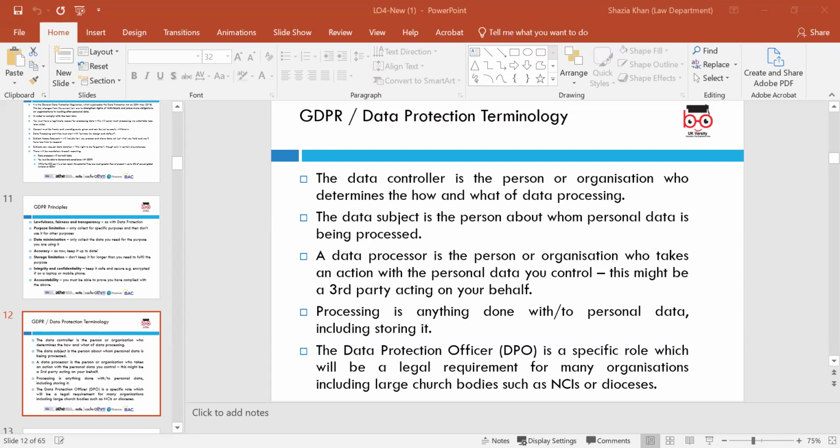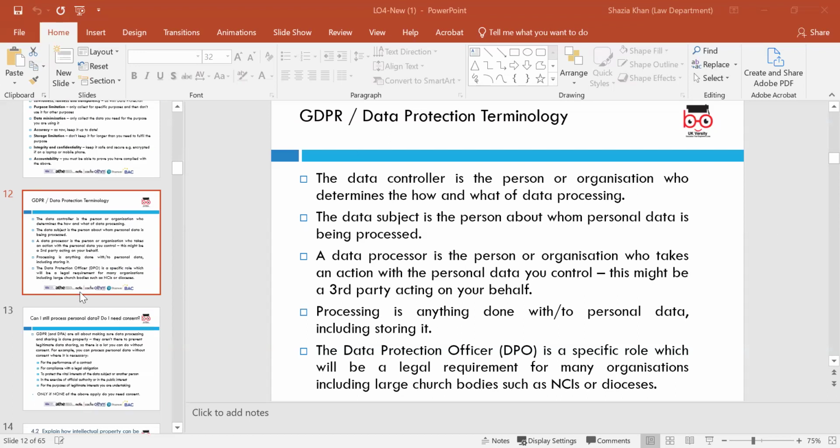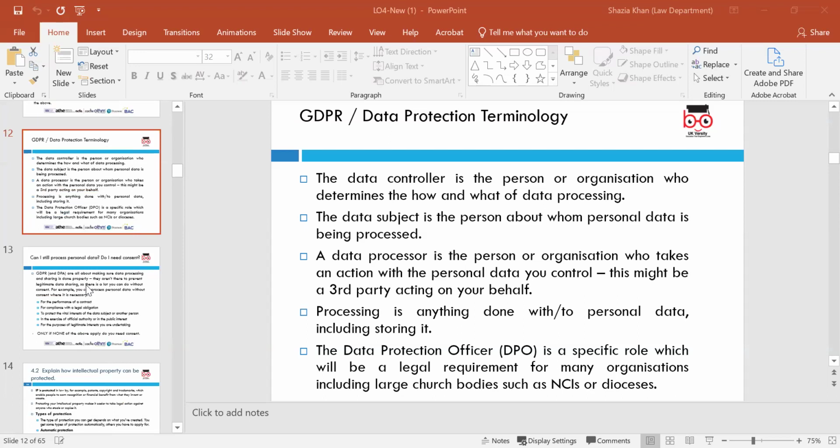The data processor is the person or organization who takes an action with the personal data you control. This might be a third party acting on your behalf. Processing is anything done to personal data, including storing it. The data protection officer's role is a legal requirement for many organizations, including large church bodies such as dioceses. So there are large organizations that would be impacted by that.